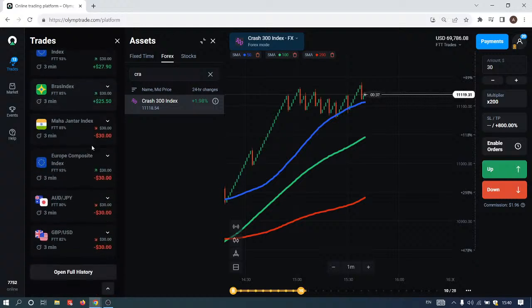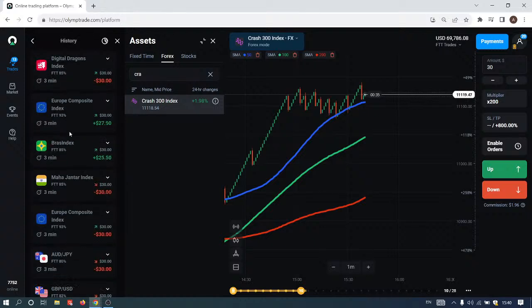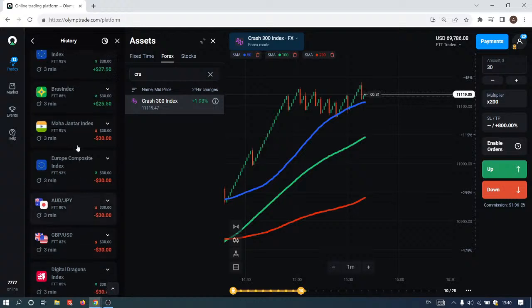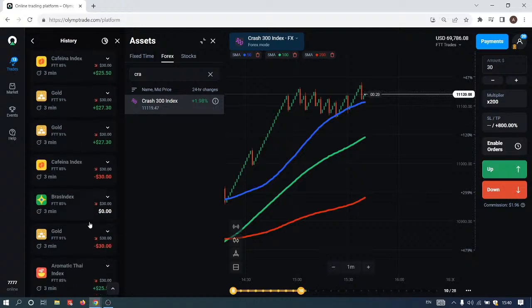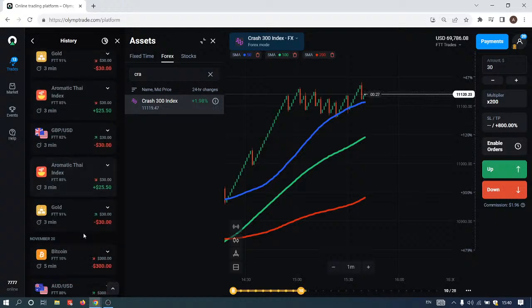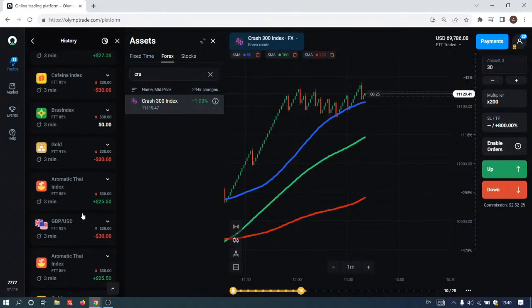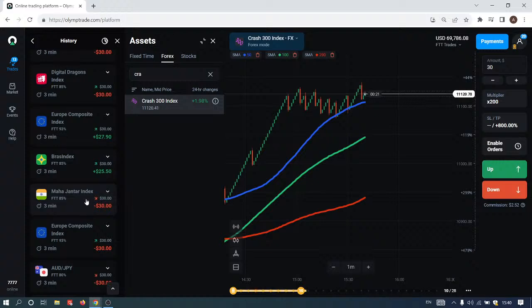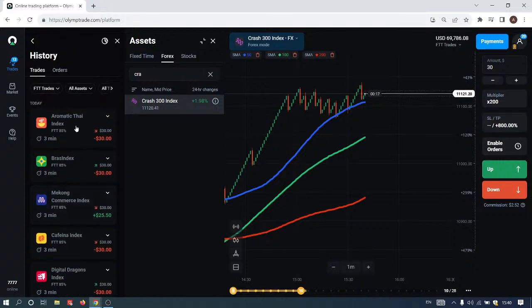I don't know what happened, but I basically had 1, 2, 3, like 5. Was it 5? Yes, it was 5 losing trades in a row. In the beginning, it was kind of 50-50, and then it sort of went into the non-favorable direction for me. So well, this can happen. It's markets, trading live charts, and anything can happen.